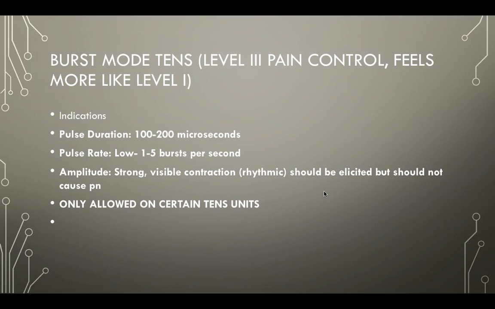So it gets packaged into however many bursts per second that we set. So the body really ends up perceiving the bursts, not the carrier frequency, so we get the pain relief from those muscle contraction bursts, but we tend to feel more of the pins and needles.